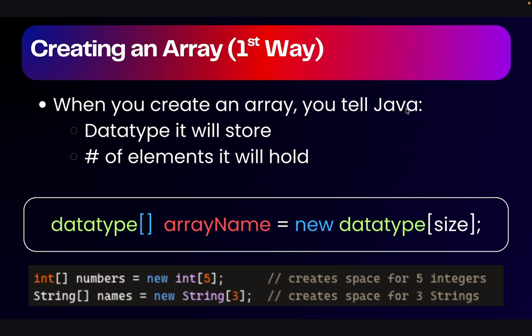But we have new, and then we follow it by the data type, which we have matching the first data type we provide for the array. And then inside of the brackets, after you declare the data type, is where you would put the size. So how many spaces will this array have for values? And this is overall the easiest way to create an array, but it is not the only way.